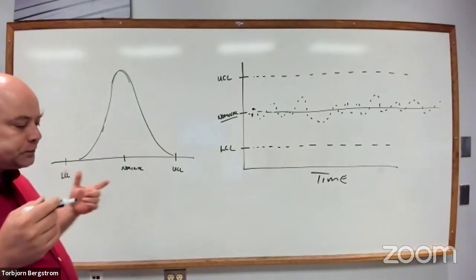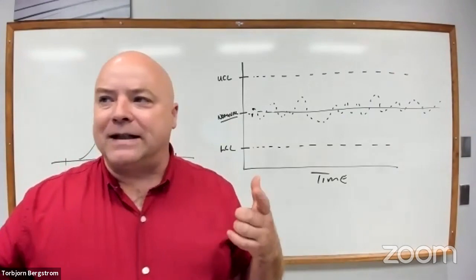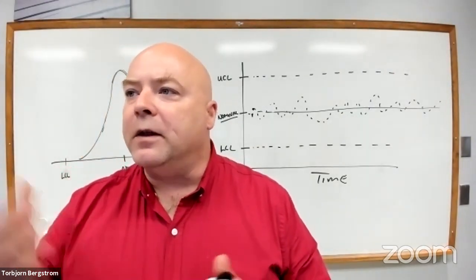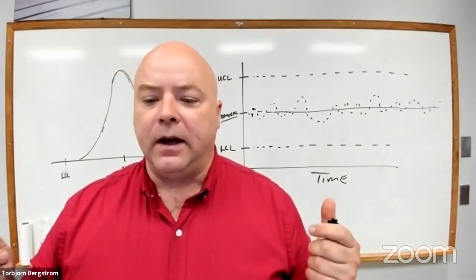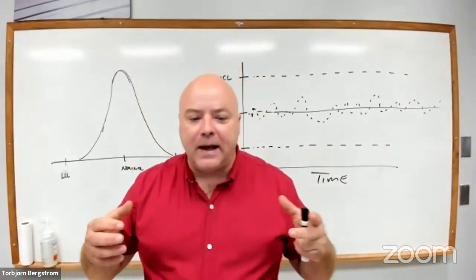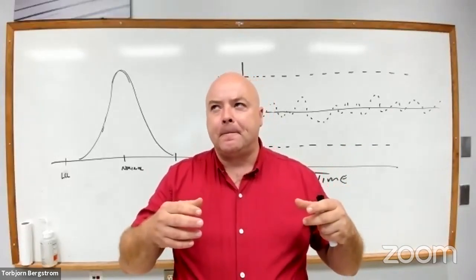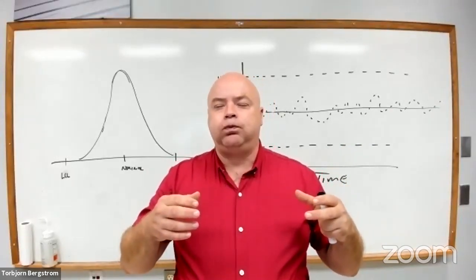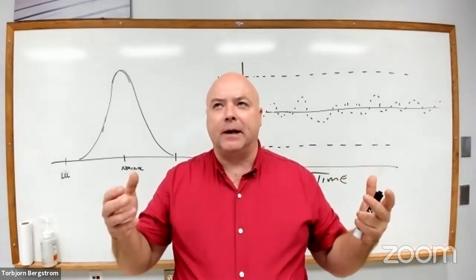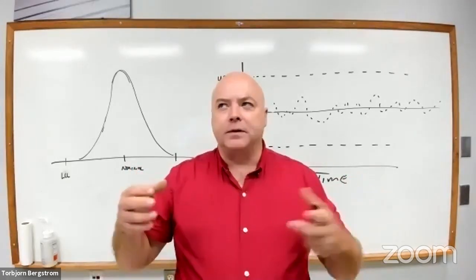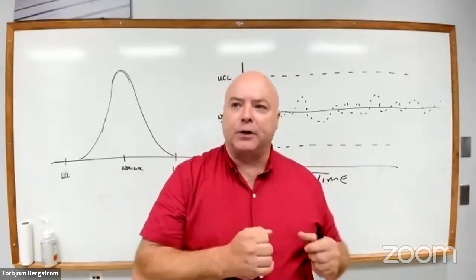Can somebody tell me what the standard deviation is? Did we talk about this yesterday? We know the mean is the average. And so the standard deviation is basically a measure of, what's the best way to explain it? It's a measure of how close the average point is to the average value.